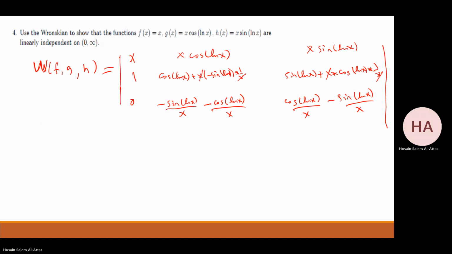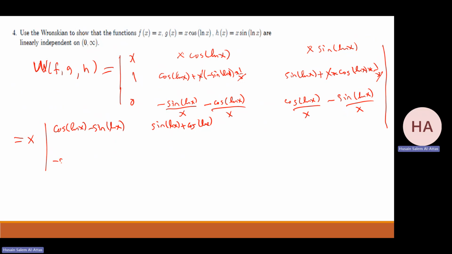Yeah. I can do that to show the functions. Okay, so I need now to do the calculation. I have x, cancel this with this. I have cosine ln x minus sine ln x. I have sine ln x plus cosine ln x.